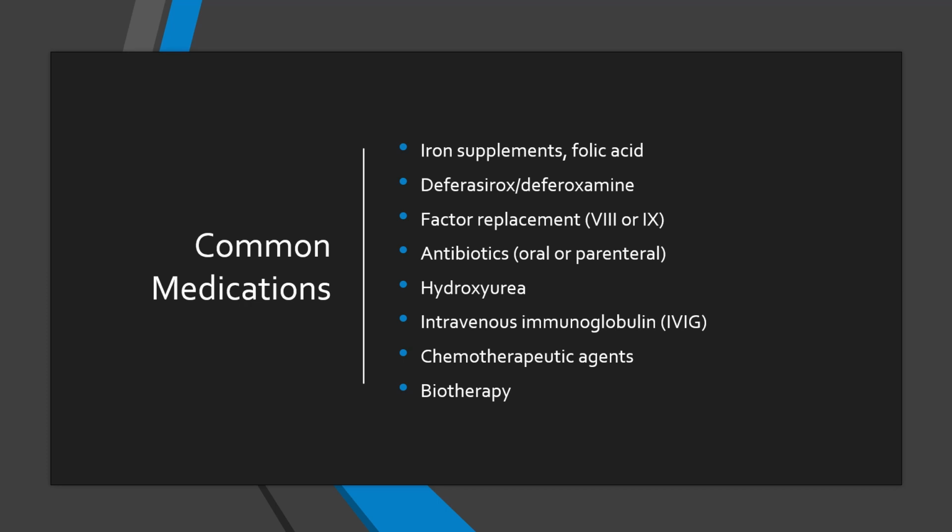Antibiotics hopefully kill any bacteria. Hydroxyurea stimulates better hemoglobin in our sickle cell kiddos. IVIG is usually used with idiopathic thrombocytopenia. We have chemotherapeutic agents and biotherapy, all common medications with any of the disorders we've talked about.